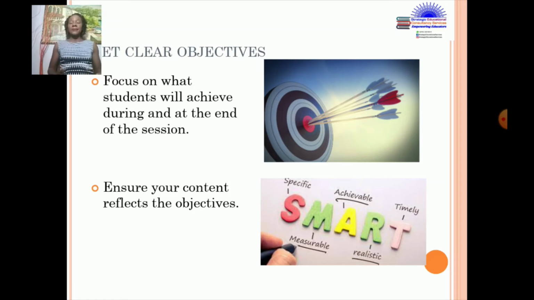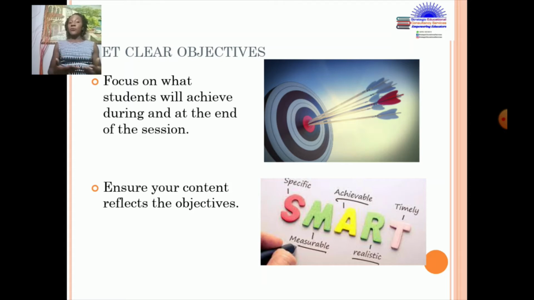So I always say it is better to have 2 or even 1, depending on your session allotment. You have 1 or 2 and you go through it so well. You give it a thorough walkthrough, a thorough teaching approach. You go deep with the 1 or the 2, and the students grasp it so well that you don't have to reteach.